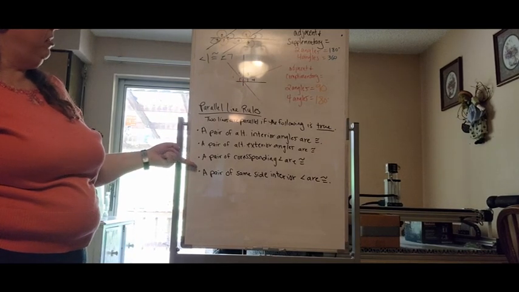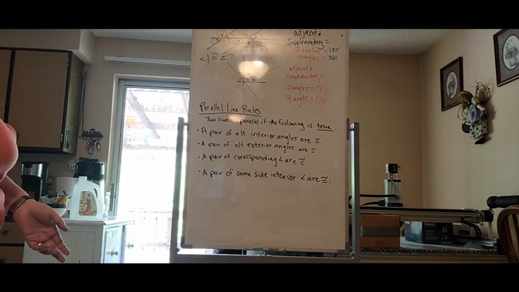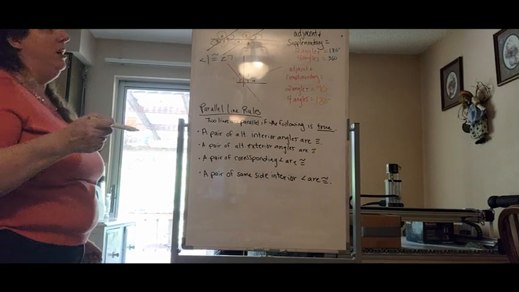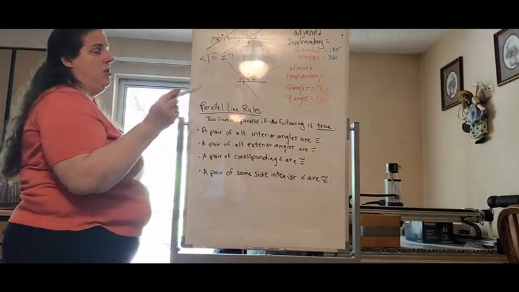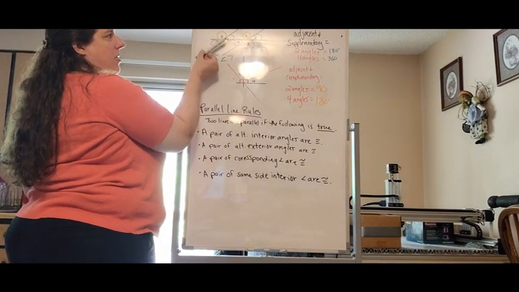How about a pair of corresponding angles? What are corresponding angles? Do you remember? 7 and 4. Close. It's going to be on the same side of this line, and on the same side of that line.